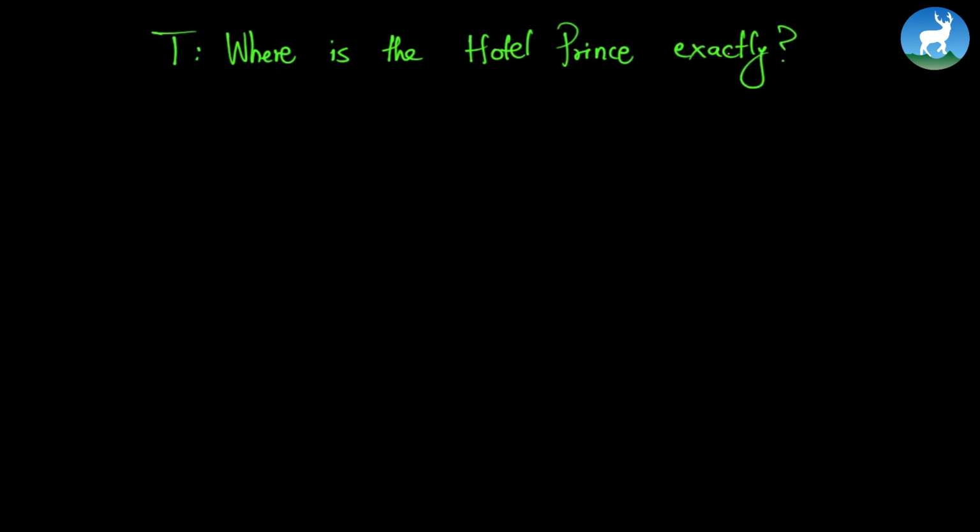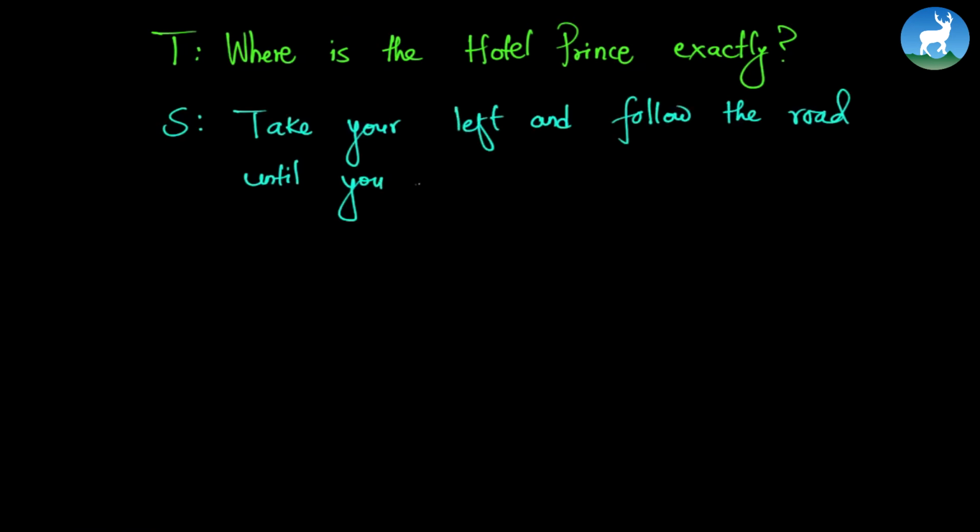And the tourist would go on saying, where is the Hotel Prince exactly? And the student would reply, take your left and follow the road until you see a hotel. So it is not as easy as this one.